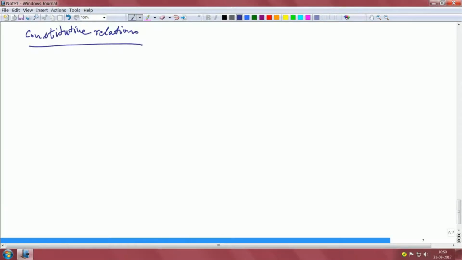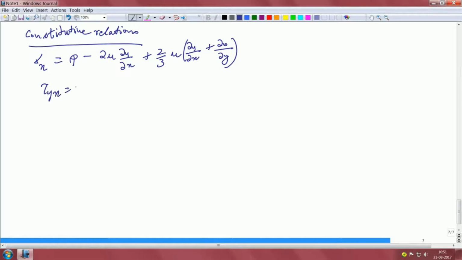Okay. So, the first constitutive relation is sigma x, that is the normal stress, given by the pressure minus 2 mu du dx plus 2/3 mu times du dx plus dv dy. Got it? That is the first term. Then tau yx is the same as tau xy, right.